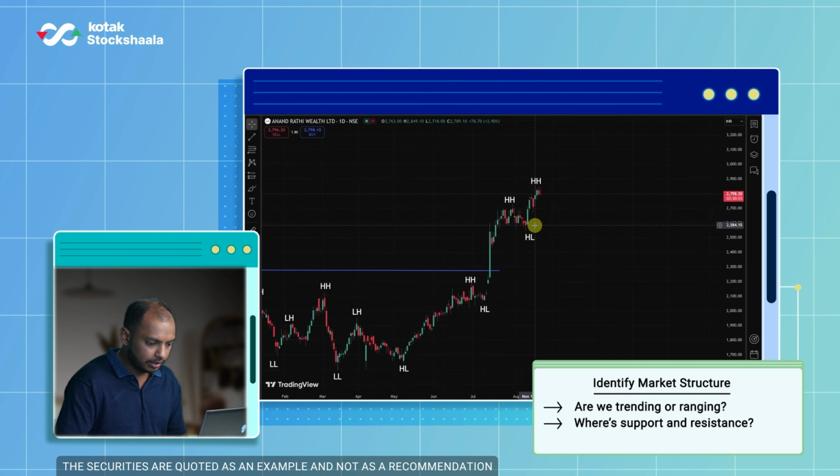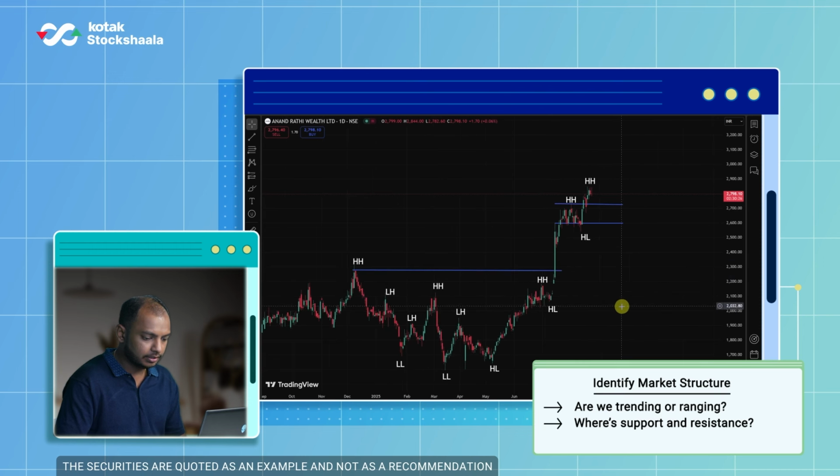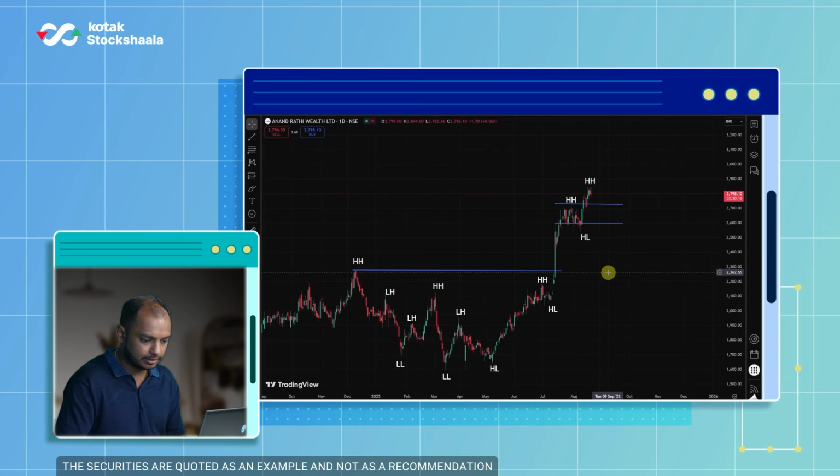And I'm also going to draw a line at this specific support level, and also at this specific resistance level. Now we have a clear picture of what exactly is the trend of this specific stock and where the most recent support and resistance levels are.